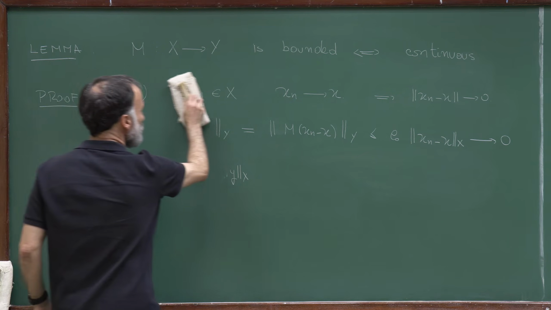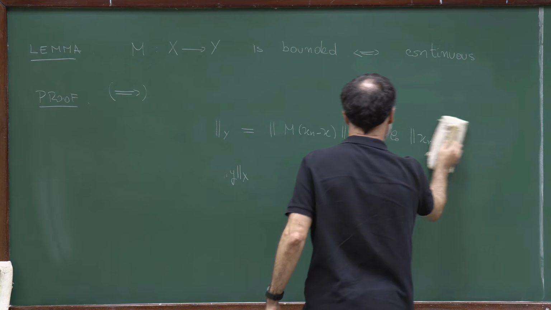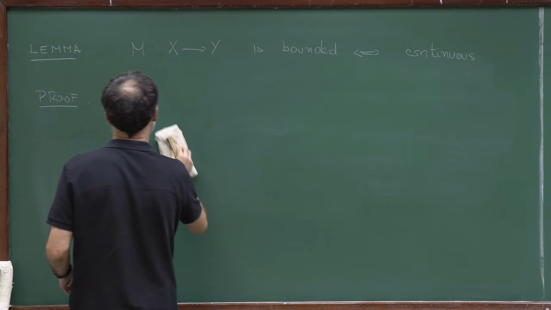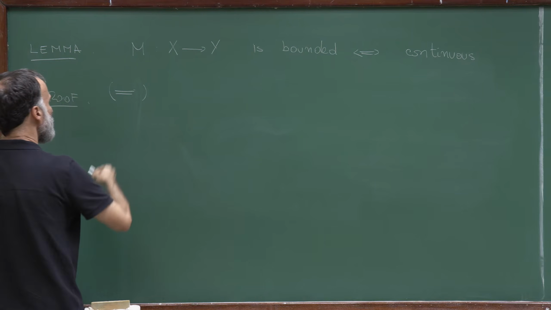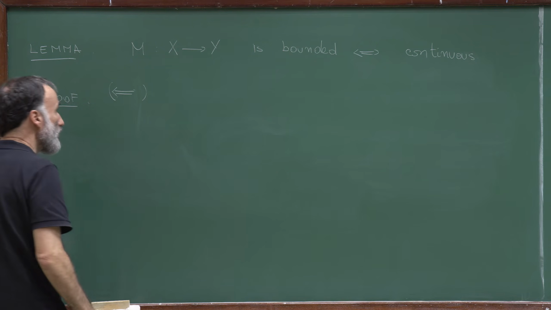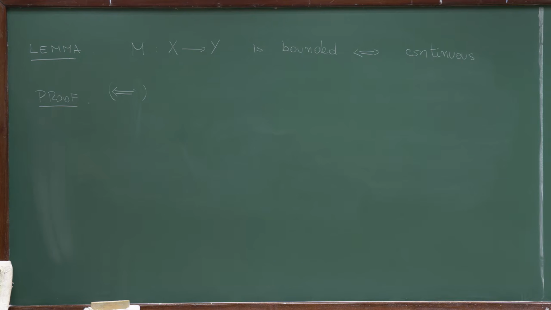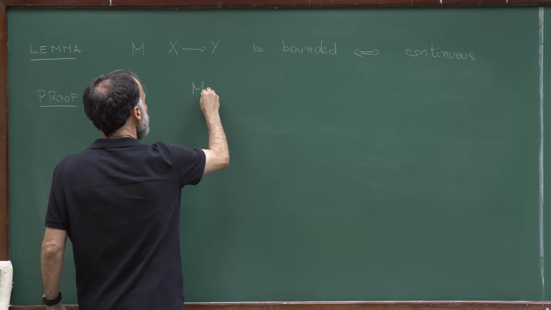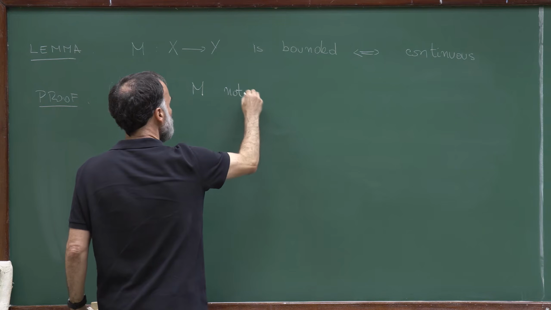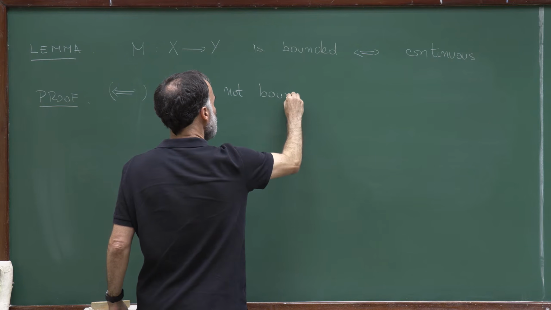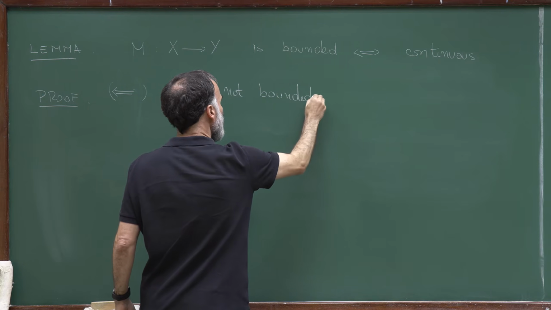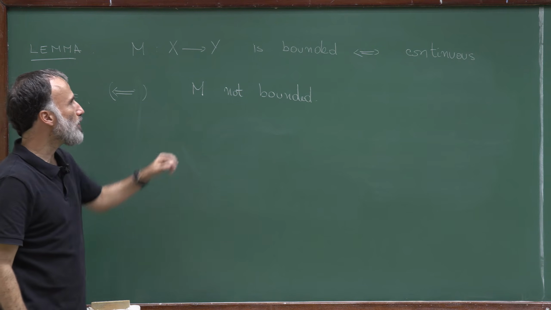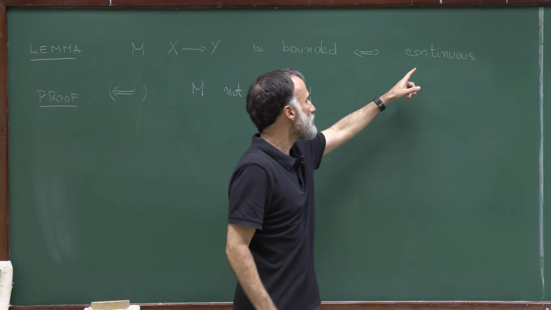So now let's prove the converse assertion. And we will prove that by contradiction. So assume that M is not bounded. We will assume that M is not bounded, and we will prove that it's not continuous.